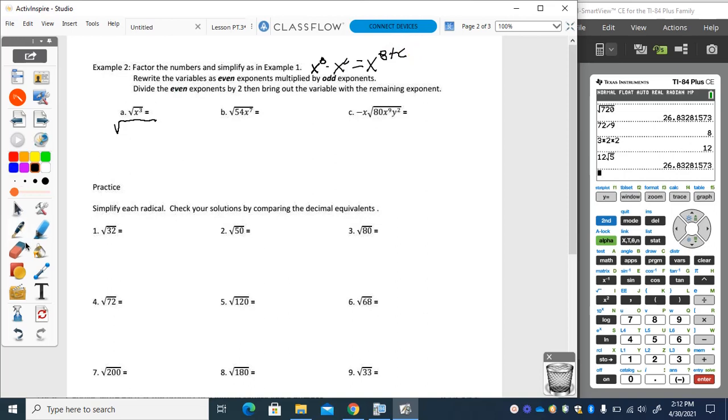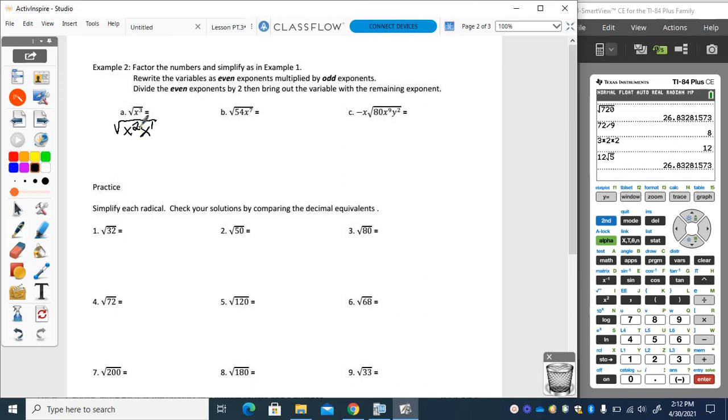Remember, we're just expanding it to what we learned before. So what's an even number that will add to get us 3? Well, that's 2, so x squared, and what plus 2 gets us 3. So x squared times x to the first, because 2 plus 1 is 3.